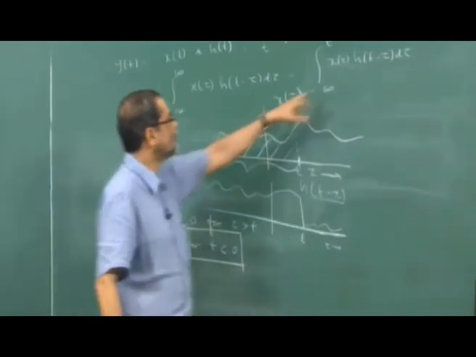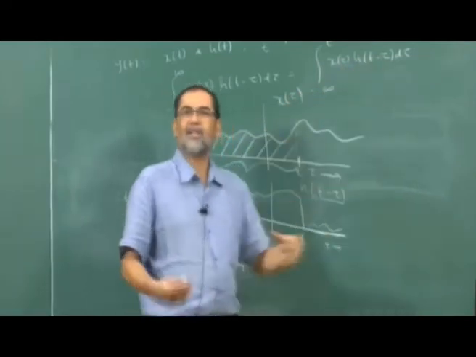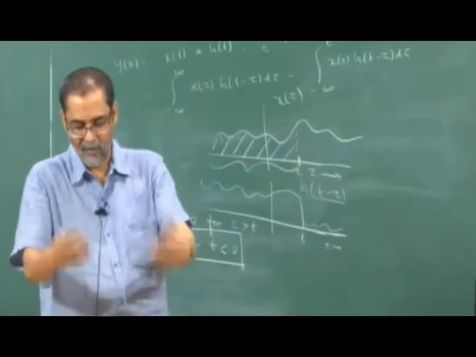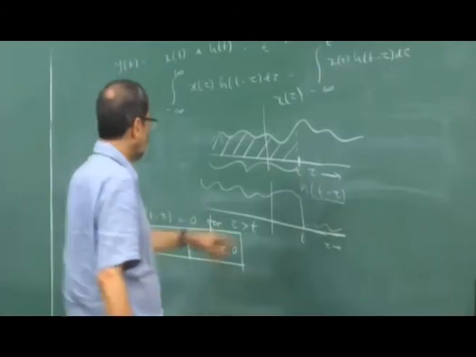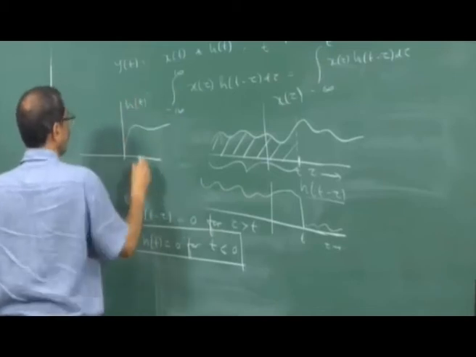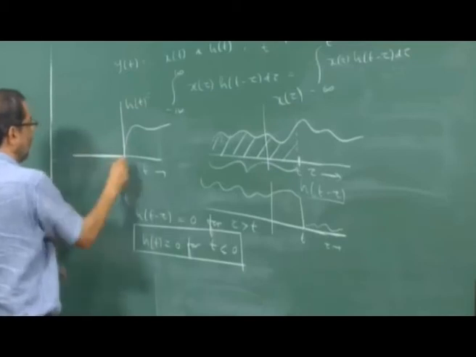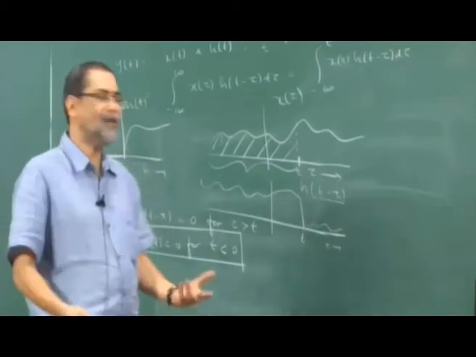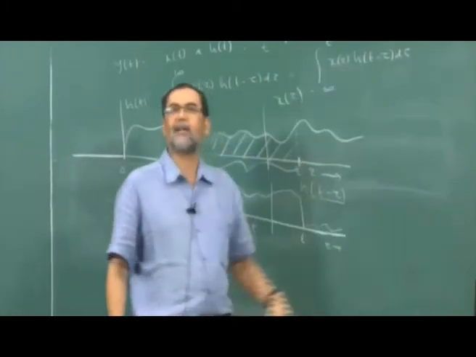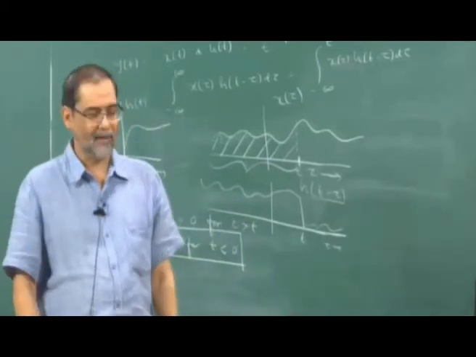This means h is 0 for non-positive values of t. So h of t is defined only for 0 and beyond, and on the left side it is equal to 0. This will ensure this property, so the upper limit of integration can only be t, and it will not violate the requirements of causality.